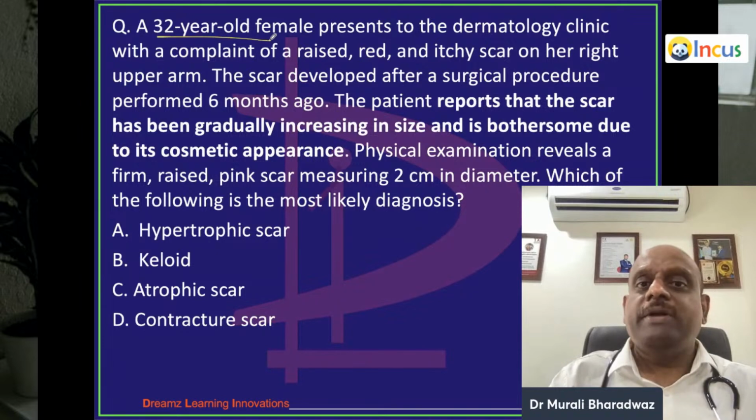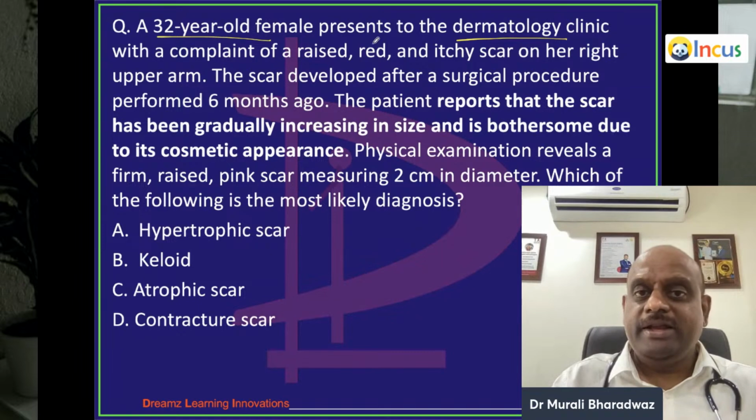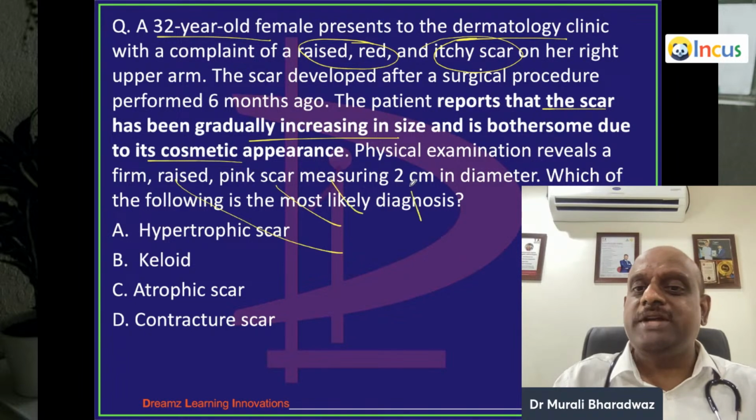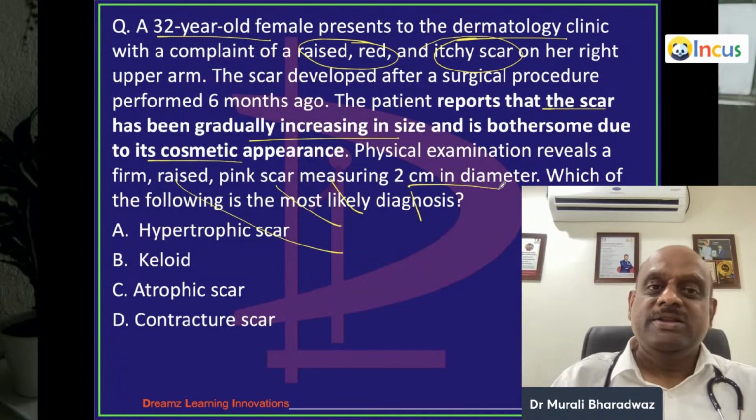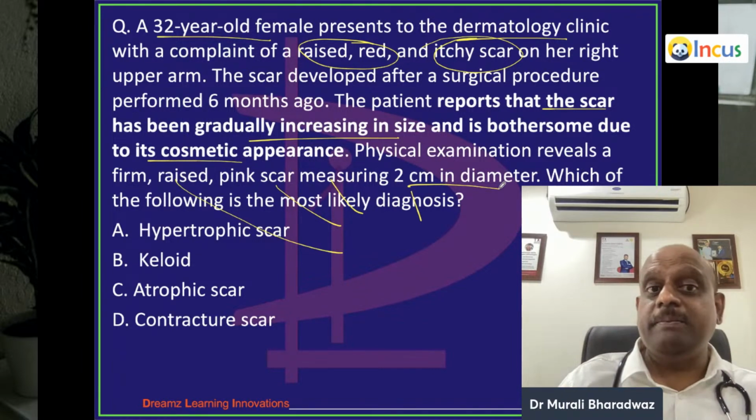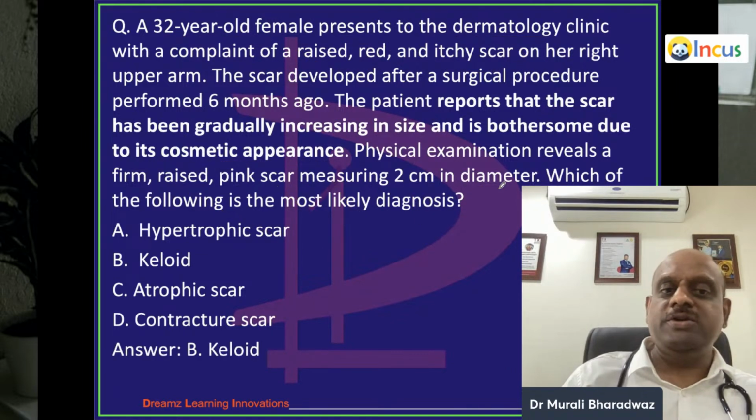A 32-year-old female presents to the dermatology clinic with a raised red and itchy scar. The scar has been gradually increasing. It has become bothersome. It is a firm, raised pink scar measuring 2 centimeters in diameter. So based on this description, a scar that developed 6 months ago, what is your answer?